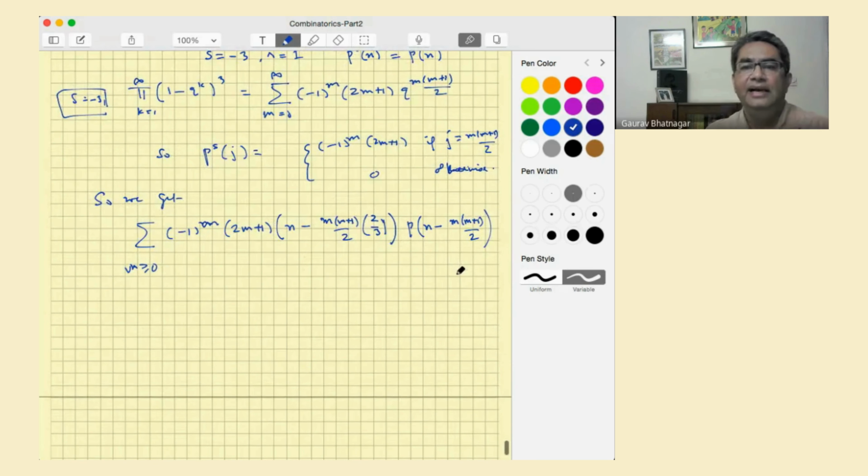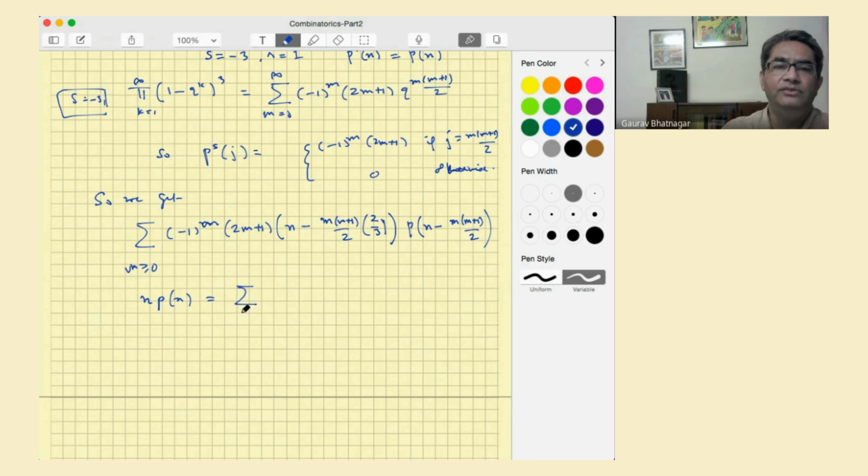So we get this guy, and let me just take out the m equal to 0 term. When m is 0, I get 1, then I get n here, then I get p of n here. All this goes away, and I bring all the other things to the other side. So I add a minus sign, and this 2 cancels, and you have m into m plus 1 over 3, p of n minus m into m plus 1 over 3.